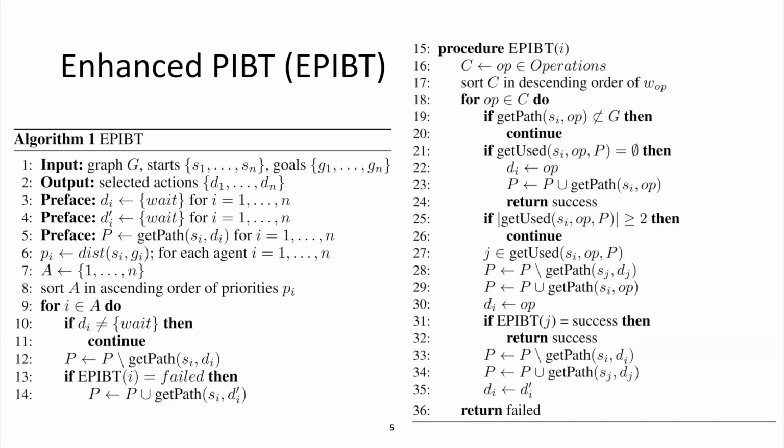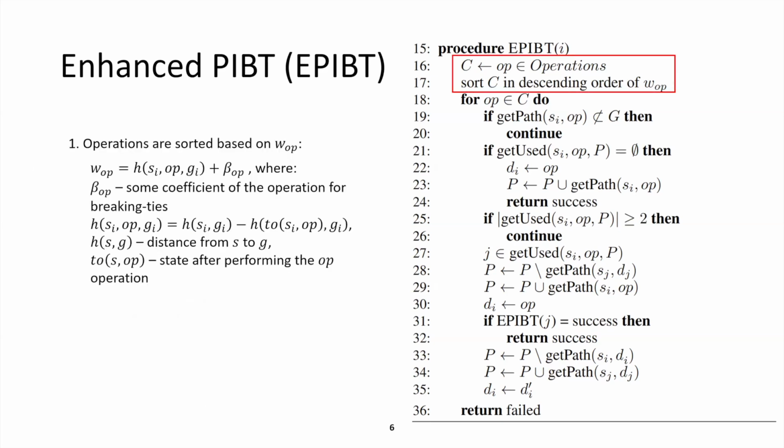Here we can see the pseudocode of the proposed approach that we called simply enhanced PIBT. It mostly repeats the original approach with some key differences. The first of them is operations. Like I've said, we have operations that consist of multiple actions.